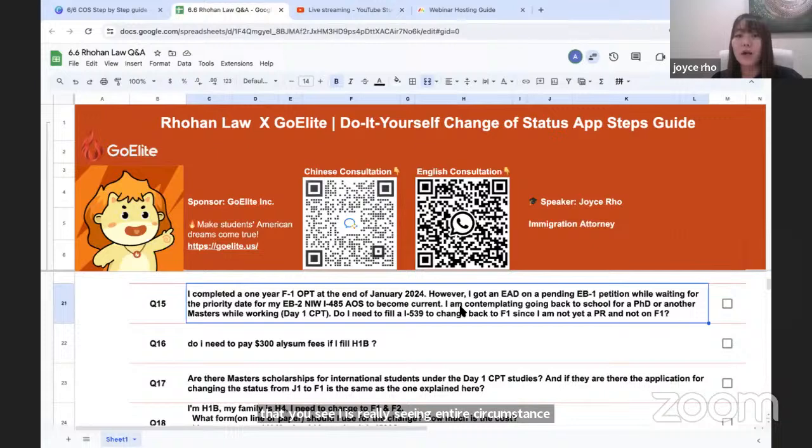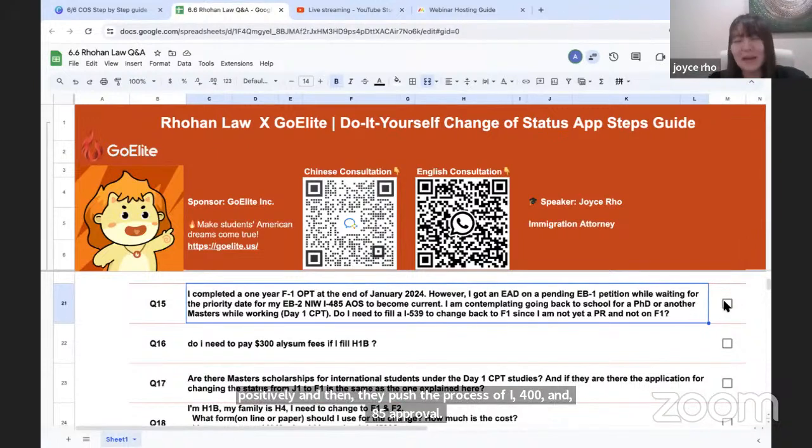And if you are in this situation and you file I-539, they will consider that this person is making a good effort to maintain his or her non-immigrant status validly. So I think that there's nothing to lose by filing I-539 to change your status to F1. And in the meantime, I think they receive everything positively, and then they push the process of I-485 approval. I hope that is helpful, but it's a choice of applicants, and I know it's very complicated.